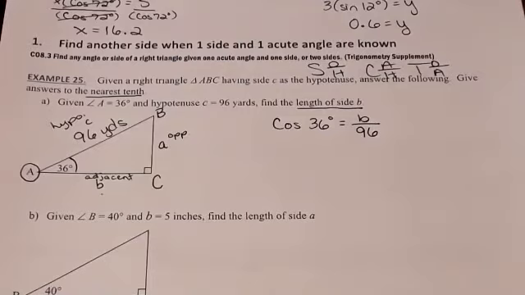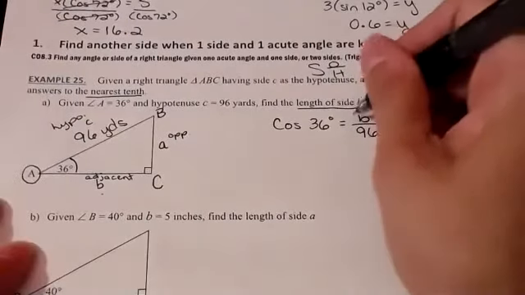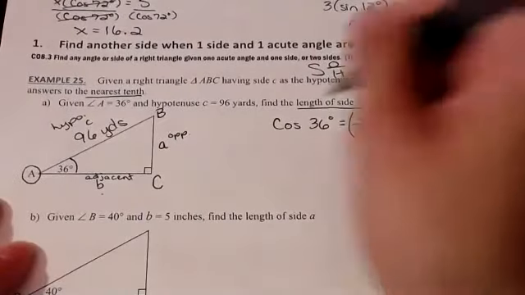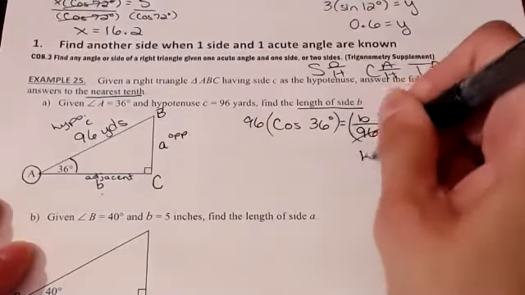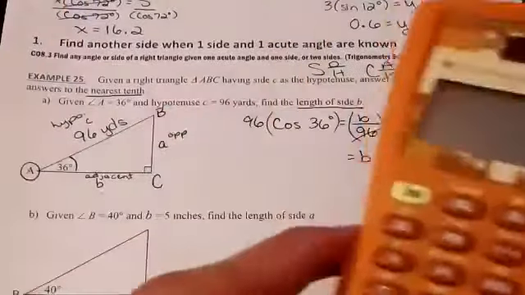Would someone share with me, how do I solve this? What's the first step? What do you think, Shane? What's the first step to solving this? Multiply by 96. Yeah, cool. Let's multiply both sides by 96. And punch this into your calculator.